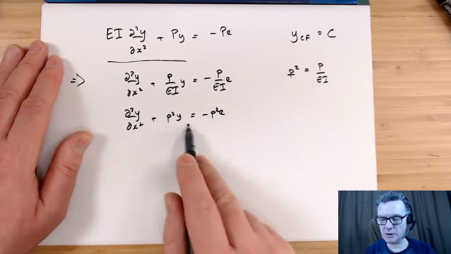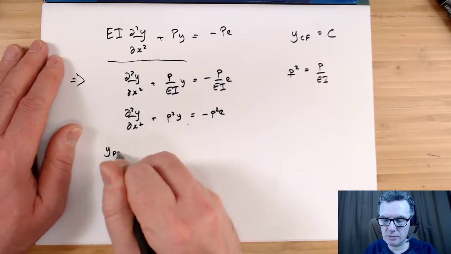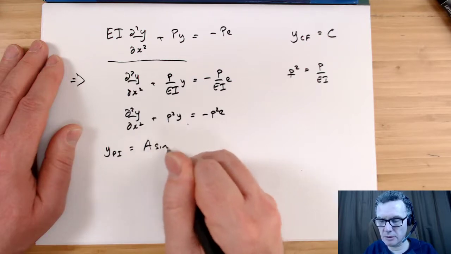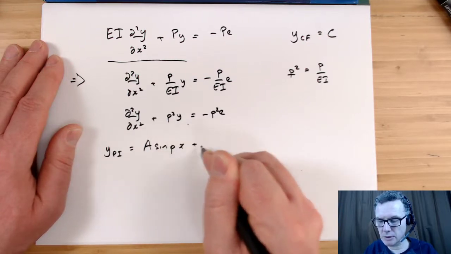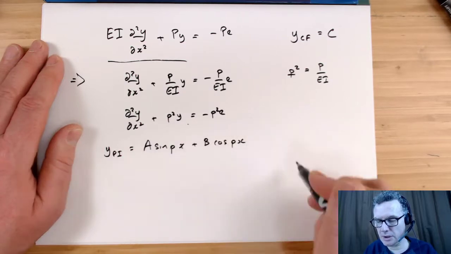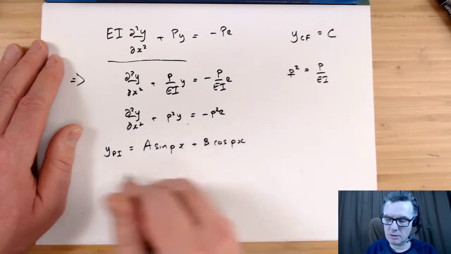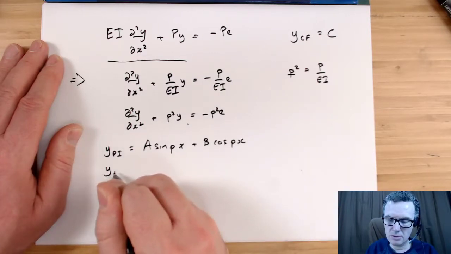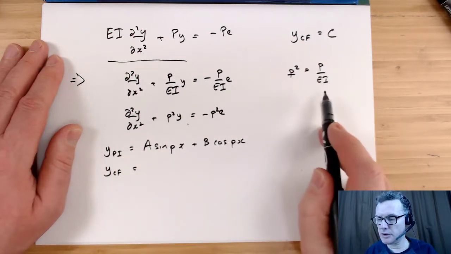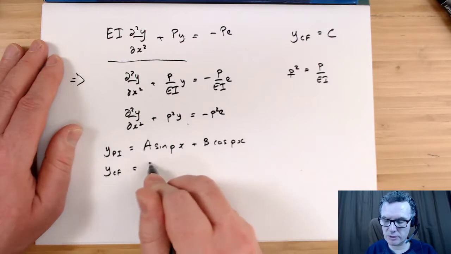So I know the solution to that, that's the particular integral, and it comes in the form of A sin px plus B cos px. For my complementary function, I could do a trial where it doesn't go any higher than a constant, so I'll do a trial of a constant.